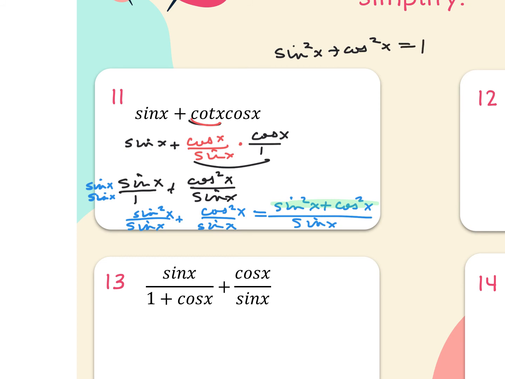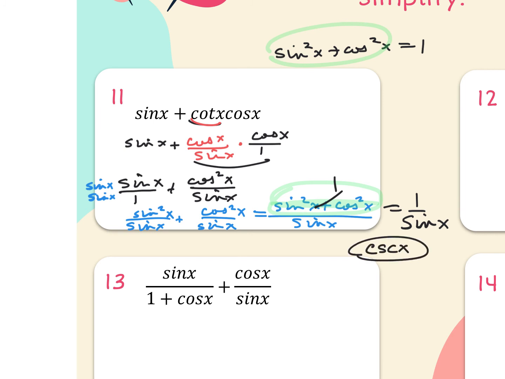So you can see already that this right here is this, so I can replace this with a 1. So now I have 1 over sine x. Again, I don't want to leave anything as a fraction, so I'm going to use a reciprocal identity, and it's cosecant x. Let's try number 12.